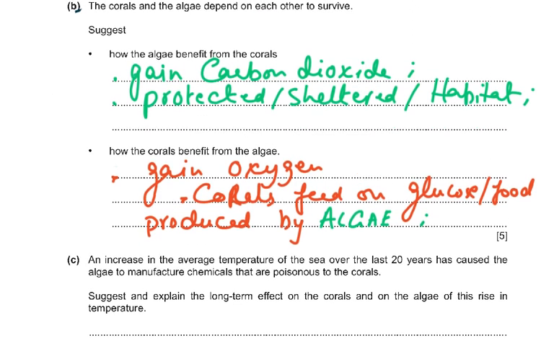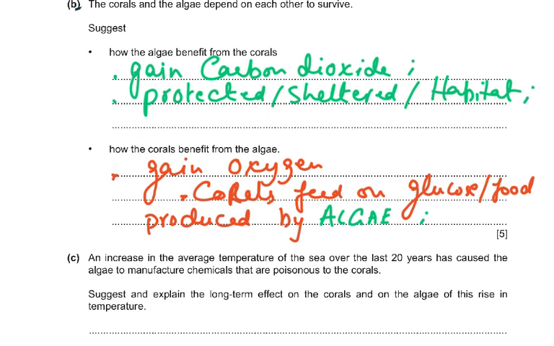They gain oxygen because the algae, being a plant, is producing oxygen, so the coral benefits from that, and of course it also feeds on the glucose and the food produced by the algae. Just like when we eat an apple, just think of an apple as an algae, we're eating it, so we're getting food, we're getting glucose, or you can even say carbohydrates or proteins.